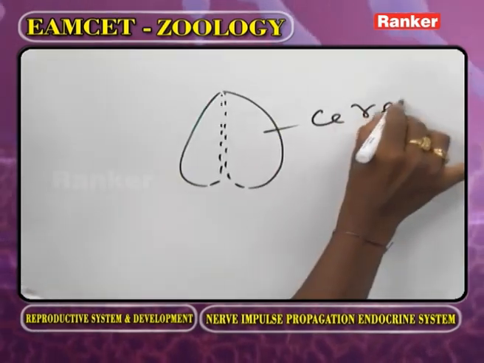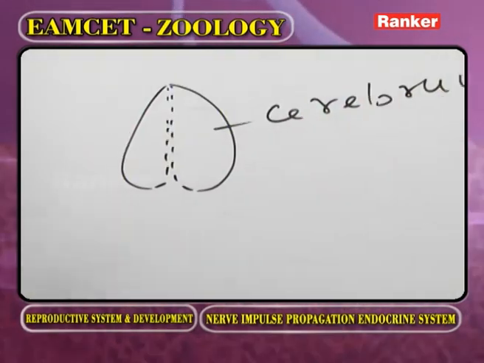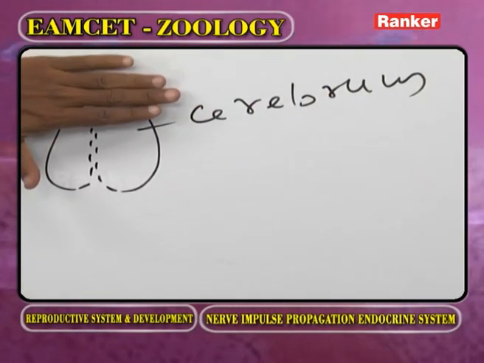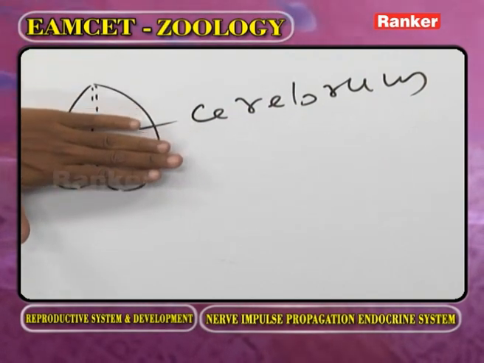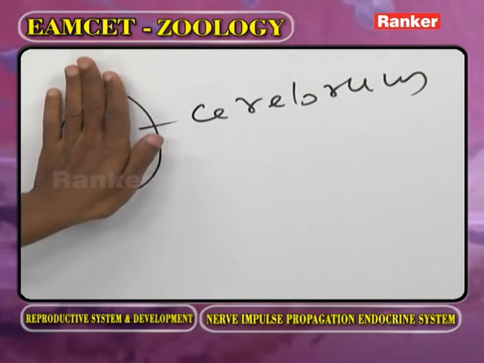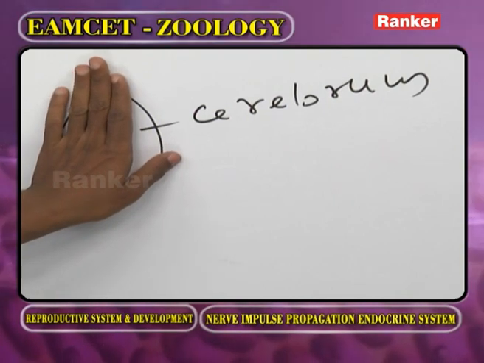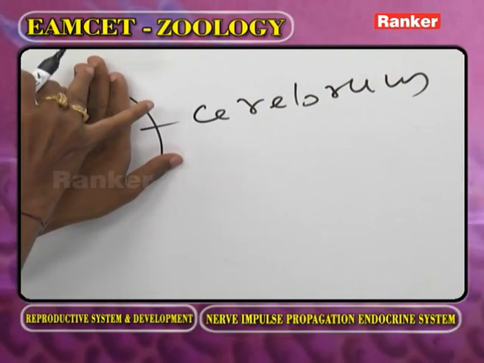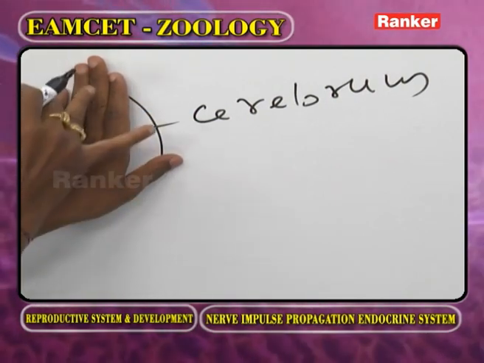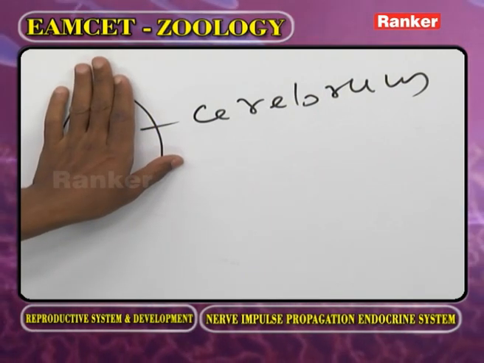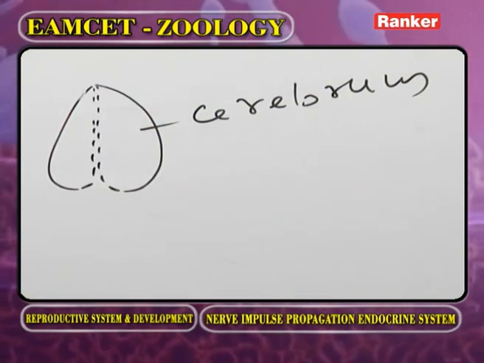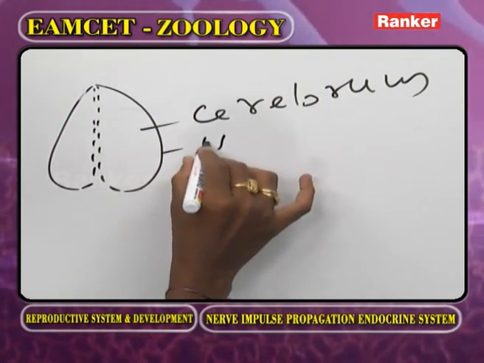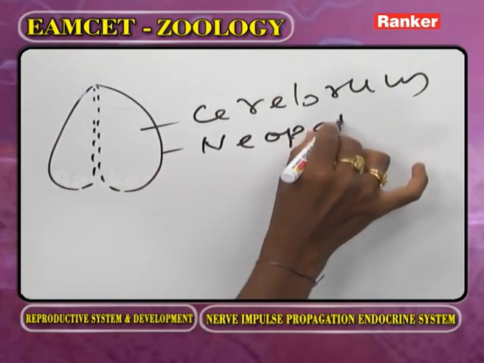This is called the cerebrum. Okay, now this is the dorsal side of cerebrum. The dorsal side of cerebrum is grey in color. The dorsal side of cerebrum is called the neopallium.